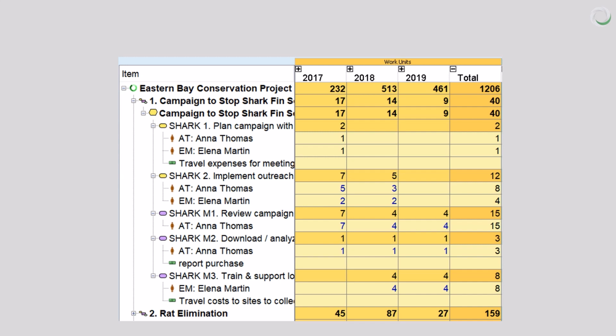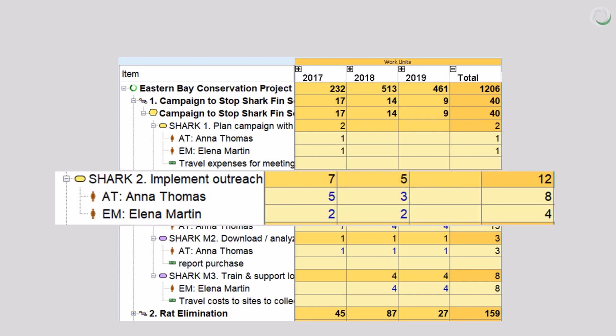In other words, it's important to develop a work plan. Here's an extract of the work plan for the Campaign to Stop Shark Fin Soup strategy. Developing a work plan involves thinking about the different activities needed to implement a strategy, who will be involved, and how much effort or work units, which in this case refers to days, it will take them.